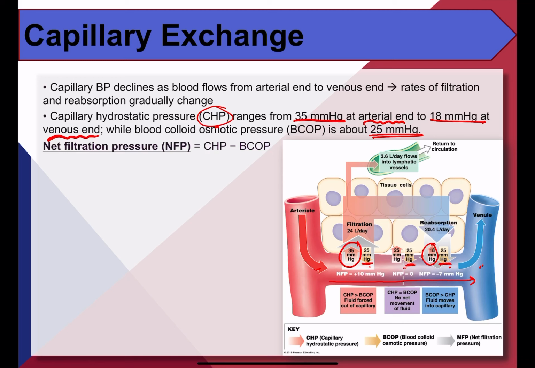Okay, all right. Like I said, BCOP stays at 25 mmHg and does not change as it moves from one end of the capillary to the other because the plasma proteins don't come out of the blood. Hence, we can say that the net filtration pressure, and this is a formula you have to remember because you can relate different situations to it, NFP, is equal to CHP minus BCOP.